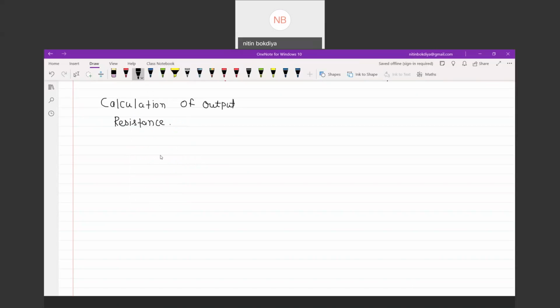So let's make Vi equal to 0. This is our circuit. क्या था यहाँ? Let's start from here.